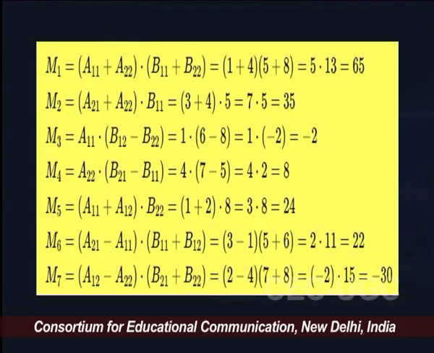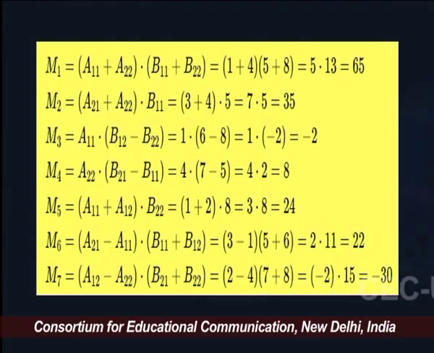Then M3, the formula is A11 multiplied by B12 minus B22, which is 1 multiplied by 6 minus 8, equal to minus 2. Then M4, going by the formula A22 multiplied by B21 minus B11, comes out as 8. Then M5, which is A11 plus A12 multiplied by B22, comes out to 24.